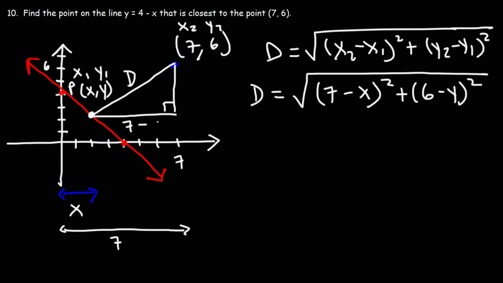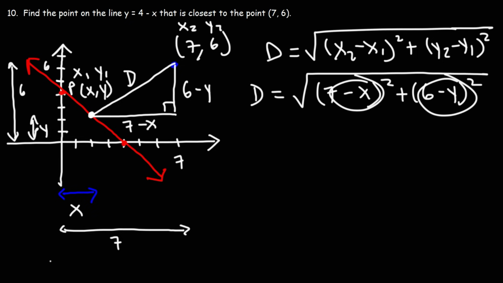So this base here is 7 minus x. Now this part is y, and this part here is 6. The difference between those two parts gives us the height of the triangle, which is 6 minus y. And so the distance is basically the hypotenuse of that right triangle, which is the square root of a squared plus b squared. So now you see how this equation relates to the Pythagorean theorem of a right triangle.